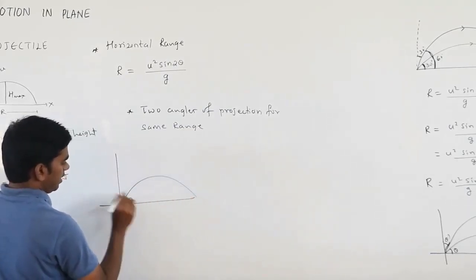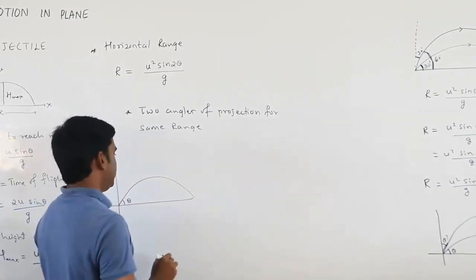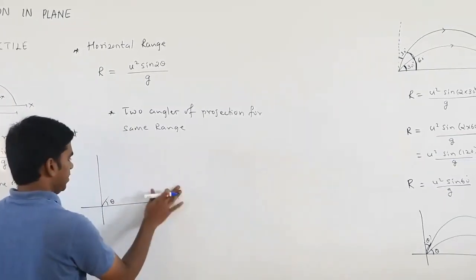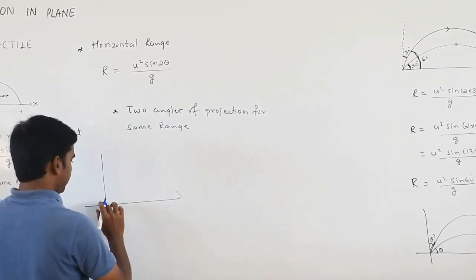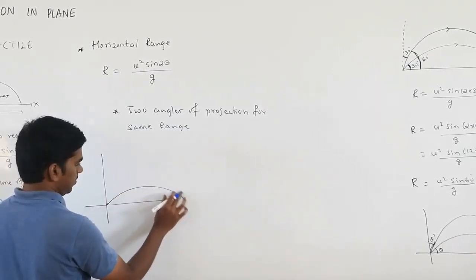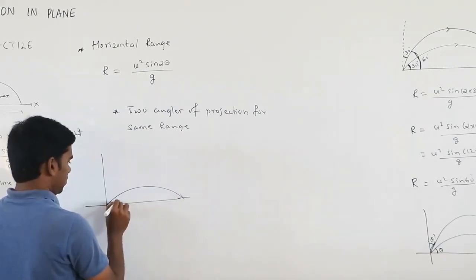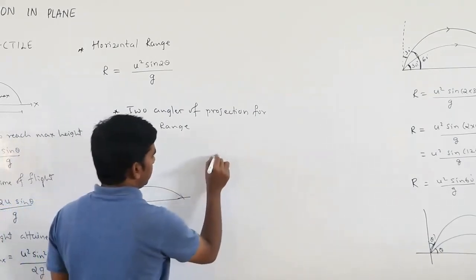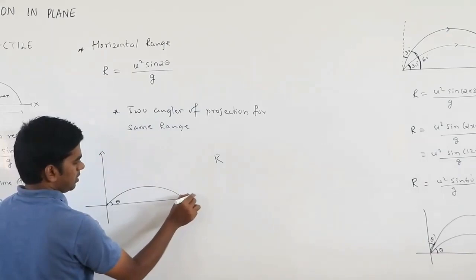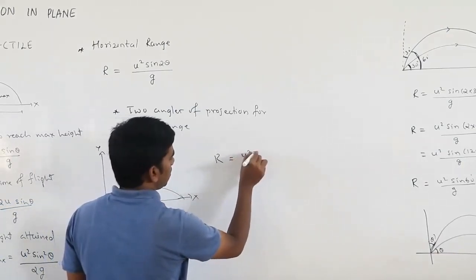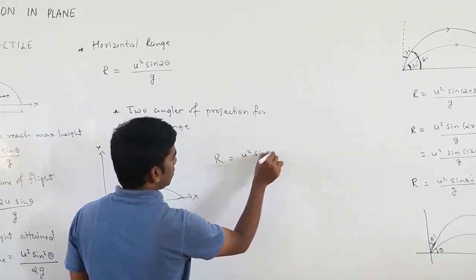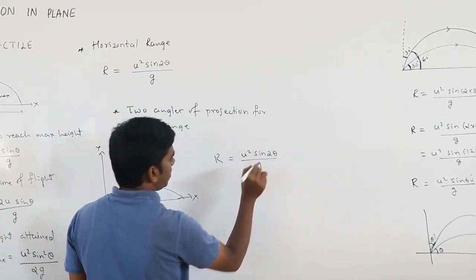Let me take angle theta. If I take a small angle theta, we can write the range as u square sine 2 theta divided by g.